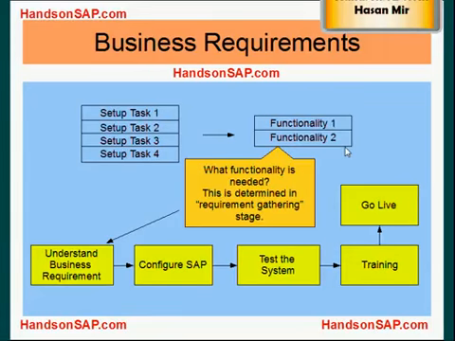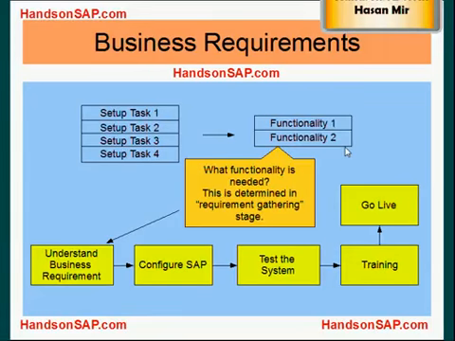Okay, it could be a report, it could be a screen, or it could be a behavior of a certain screen in a certain way, or it could be a program that needs to be run in a certain way. For example, transfer of transactions from one module to the other. That's also an example of a functionality. So you have the target functionality in mind. So in order to achieve that target functionality, you would perform certain setup tasks on the setup screens.